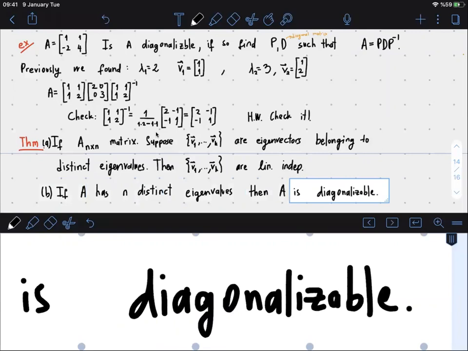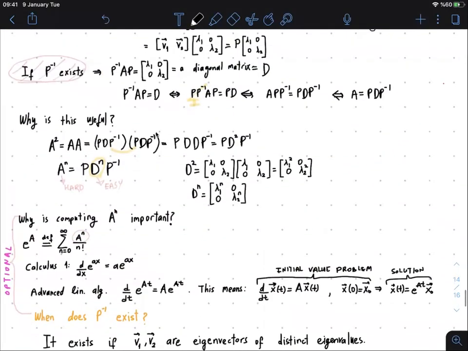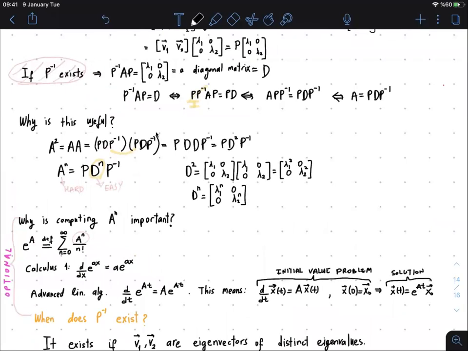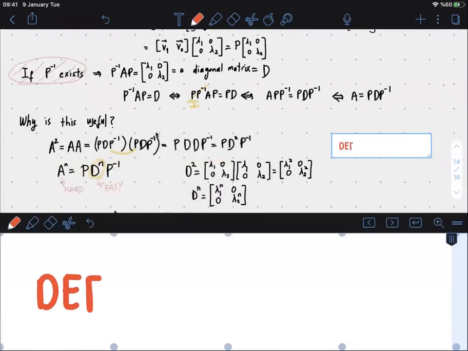By the way, we didn't define diagonalizable, right? Let's go back and define it here. Definition: suppose A is an n by n matrix.